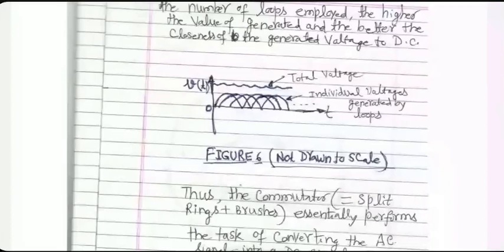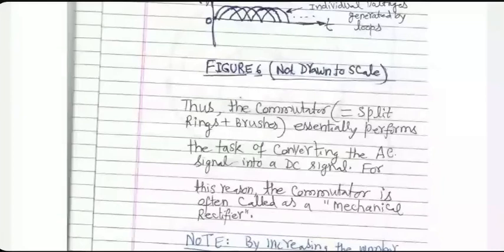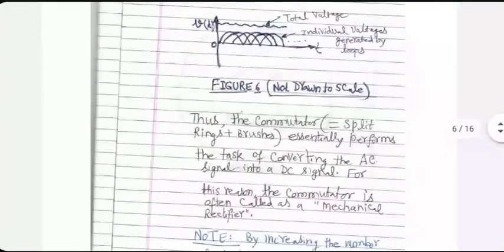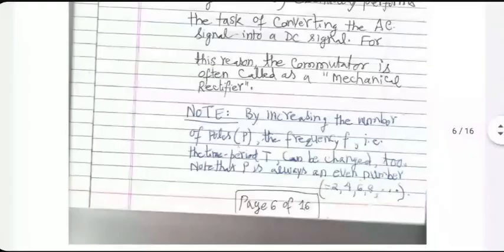So basically, the split rings and the brushes together bring out an almost DC voltage for you, as long as the number of loops you are using is high enough.